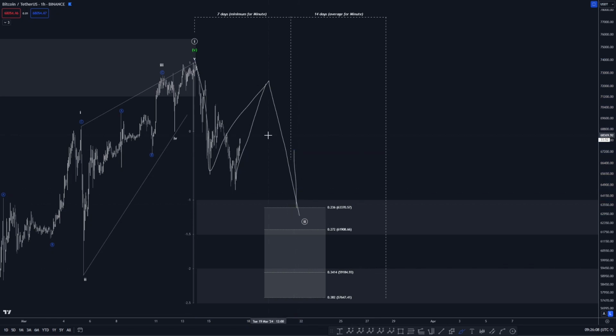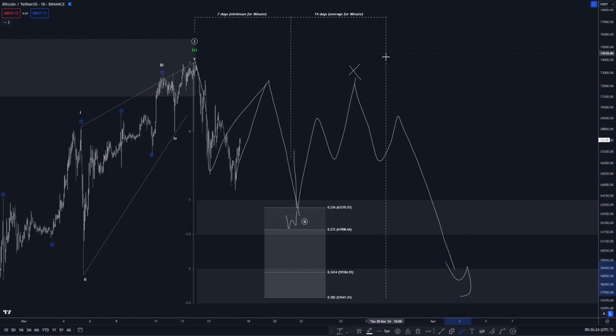However, if this correction is too shallow, this could turn into a W, then we correct up for an X, and then we push down for a Y again to this zone, where we meet minimal expectations for the average completion for minute. And then we start to push into extended territory. Like that.